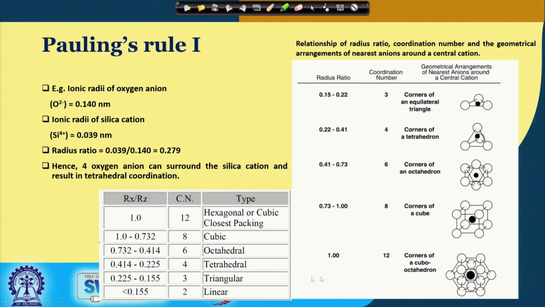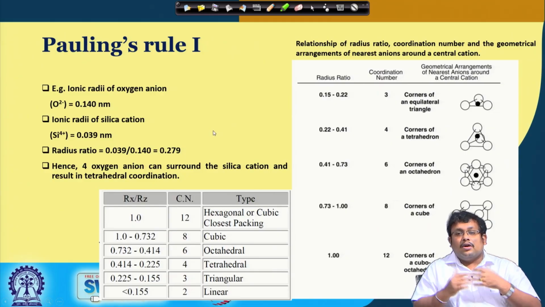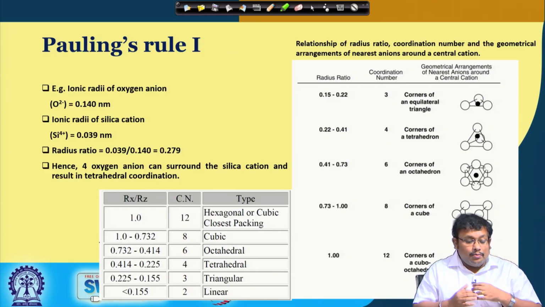And finally, for coordination number 12, that is a hexagonal or cubic closest packing, we are basically getting the corners of a cubo-octahedron.